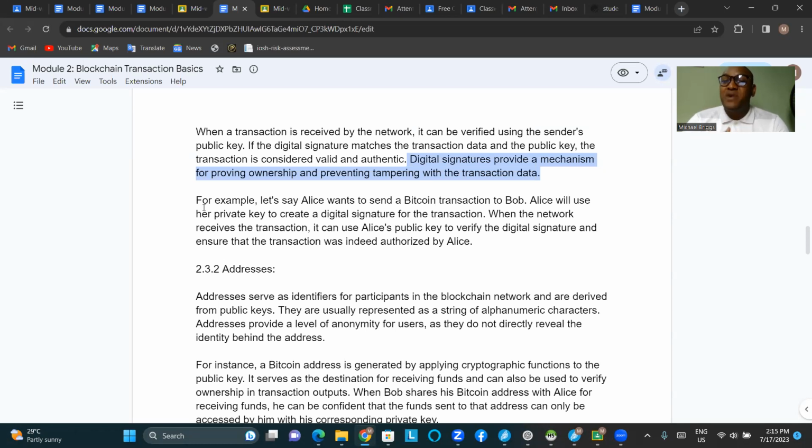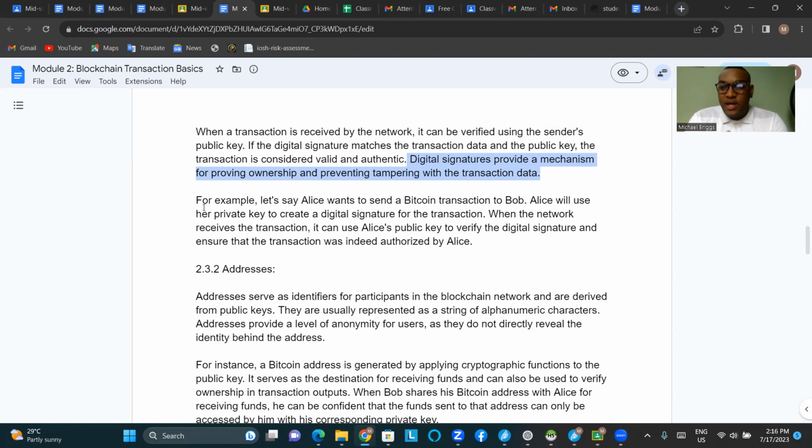If she does not have a private key to her wallet, can she access her wallet and send Bob Bitcoin? The answer is no. So by the time she is sending these funds to Bob, a digital signature for that transaction is created. When the network receives that transaction, it uses Alice's public key to do what? Verify the digital signature to ensure that, oh, okay, this transaction was actually carried out by Alice.